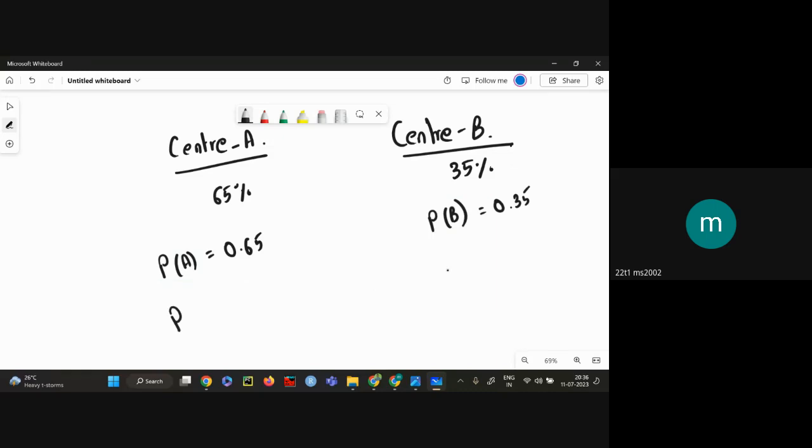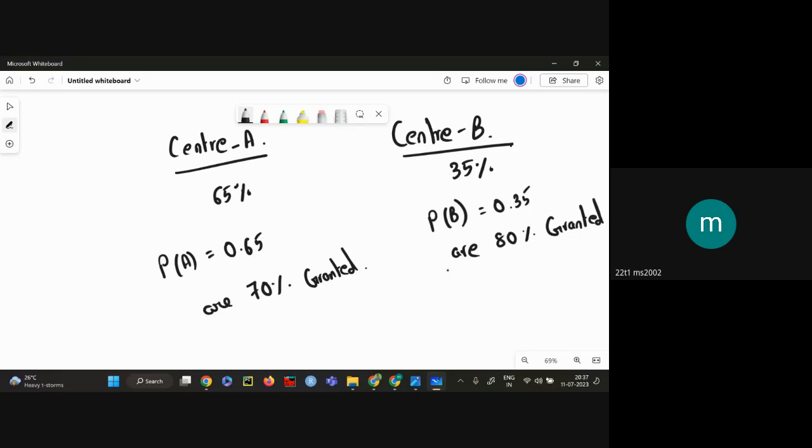Historically, what they have told you is that 70% of applications from center A get granted, and for center B it is 80%.